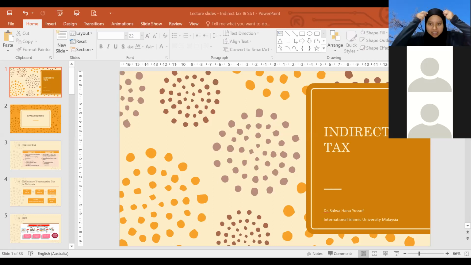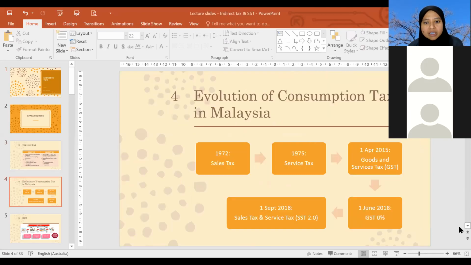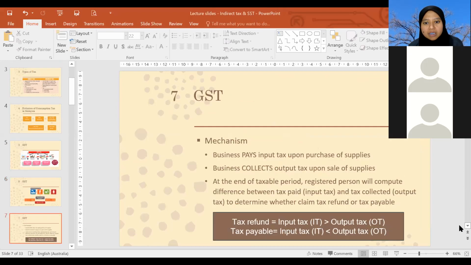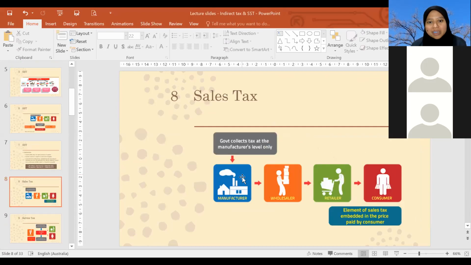Okay, now sales tax is charged at the manufacturer level only. Okay. So manufacturer will... let me show you the chart. Okay, so manufacturer will collect money when manufacturers sell to wholesaler.